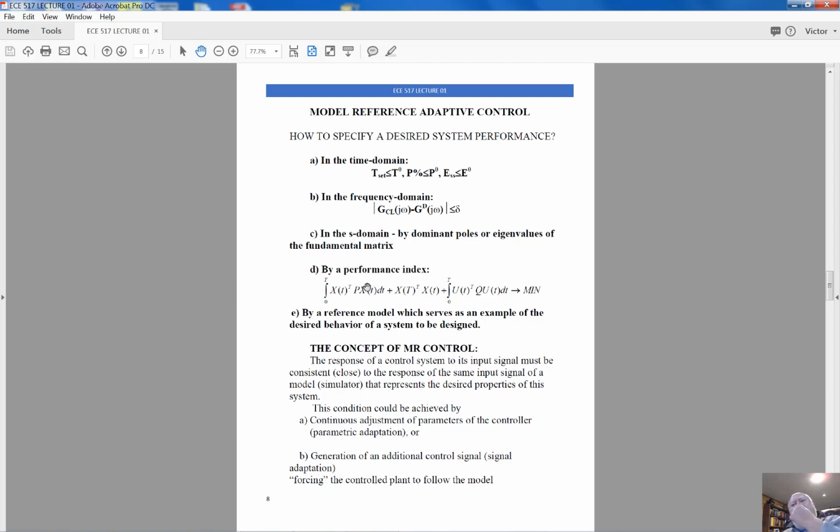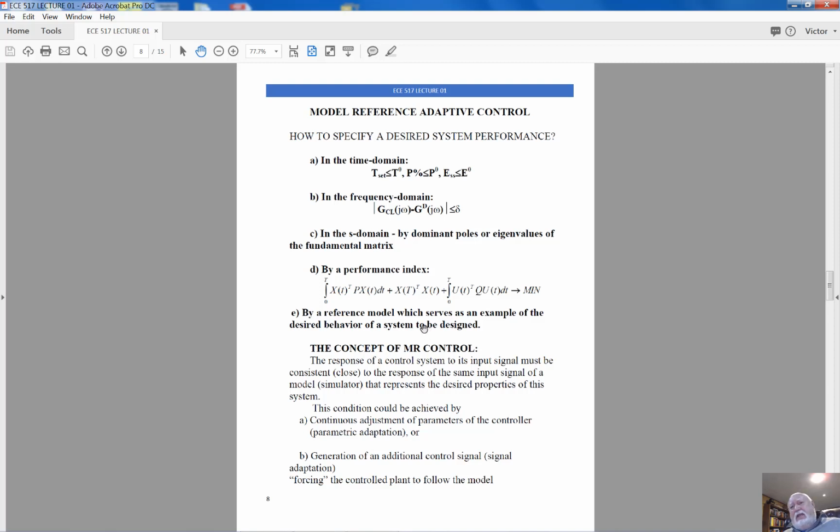In optimal control, you can utilize the so-called maximum principle and dynamic programming. Maximum principle and dynamic programming are mathematical techniques that allow you to rigorously minimize the performance index. In adaptive control, this topic is presented.